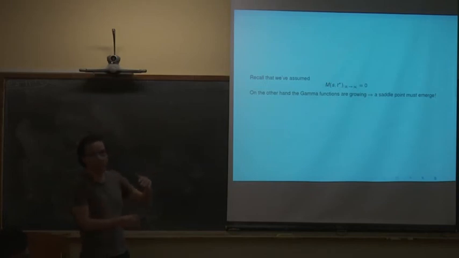So there's a decreasing factor with an increasing factor. That means that there should exist a saddle point if this is satisfied. And the statement that there must exist a saddle point will show that the Regge trajectory has to be linear.